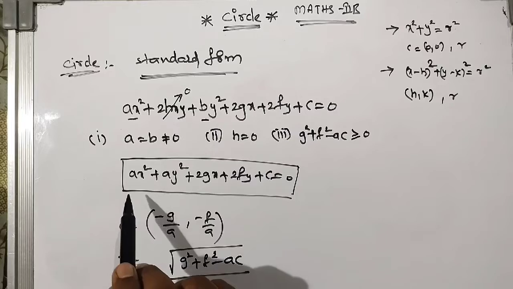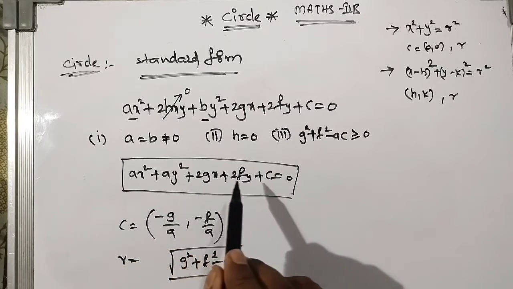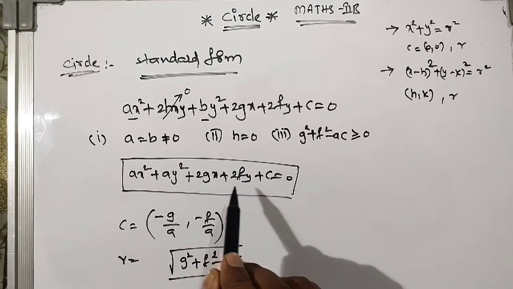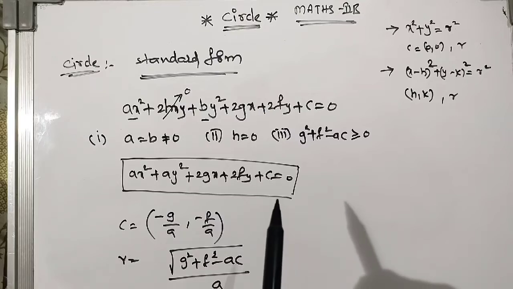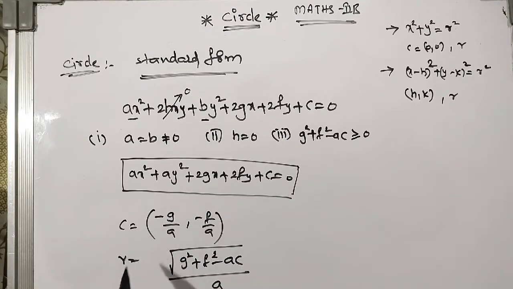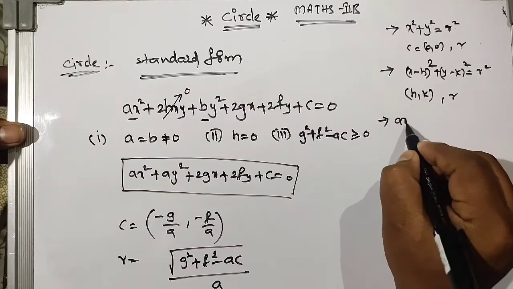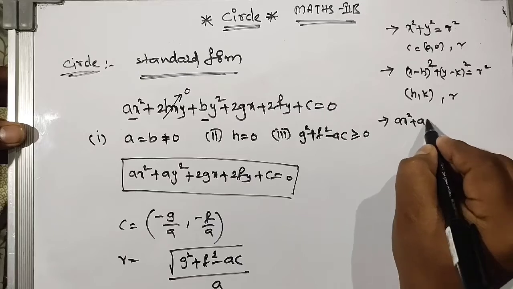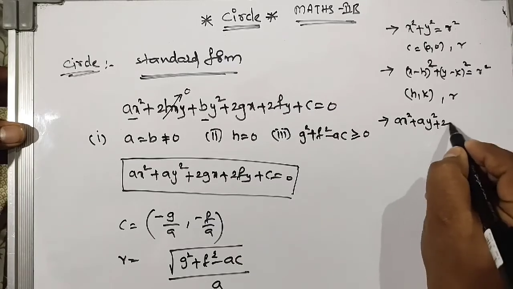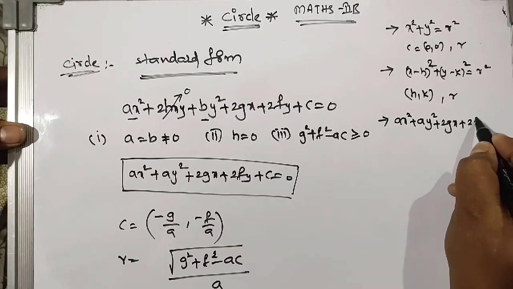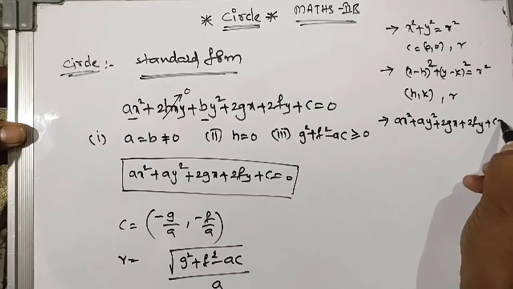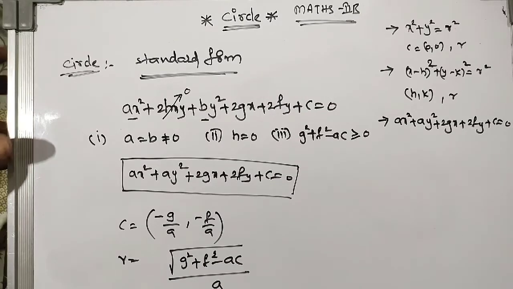So when ax square plus ay square plus 2gx plus 2fy plus c is equal to 0 is the circle equation, then this is the center and this is the radius. You should write here: ax square plus ay square plus 2gx plus 2fy plus c is equal to 0 is the circle equation.